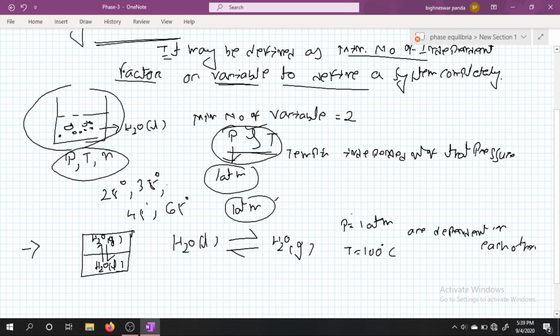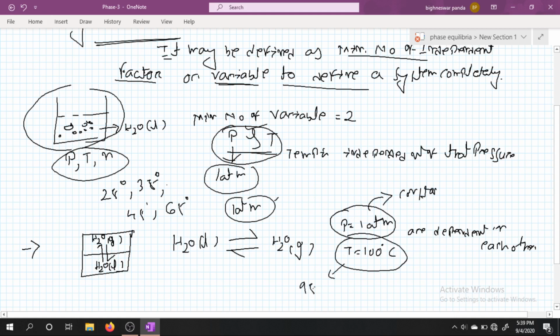If I put pressure 1 atm constant and change the temperature, that is 95 degrees Celsius or 105 degrees Celsius, the phase changes, because this equilibrium is achieved at a particular temperature and a particular pressure. By keeping pressure constant and changing temperature, the phase will change.